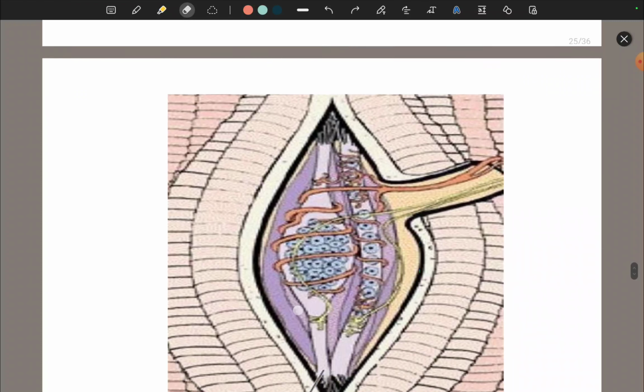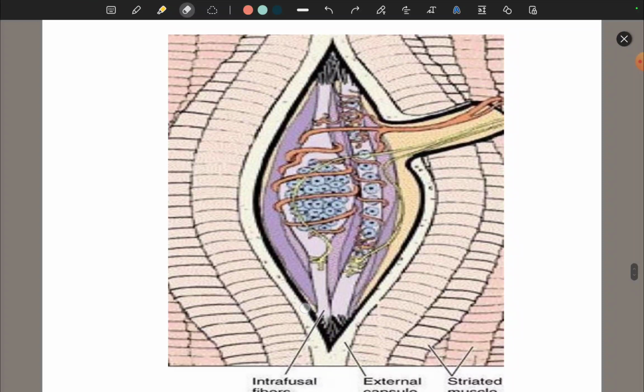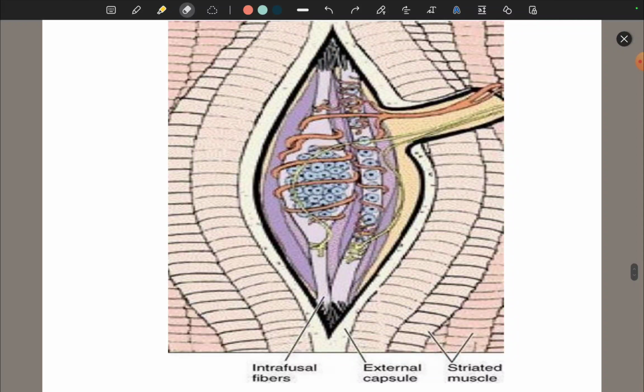Yes. This is fusiform, surrounded by an external connective tissue capsule containing these small, short, modified skeletal muscle fibers called intrafusal fibers.